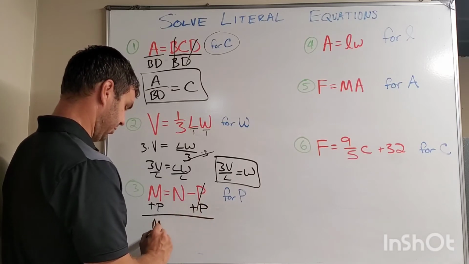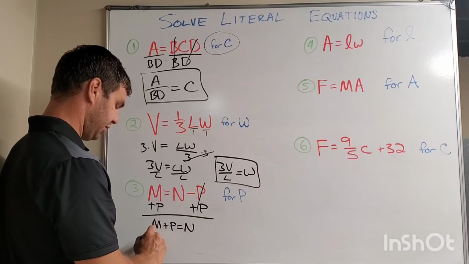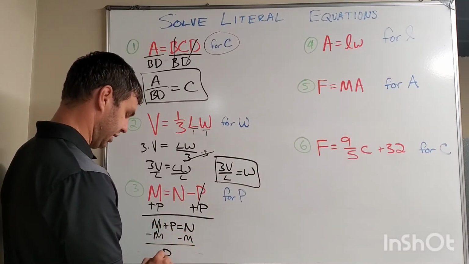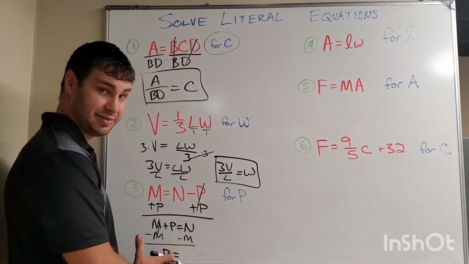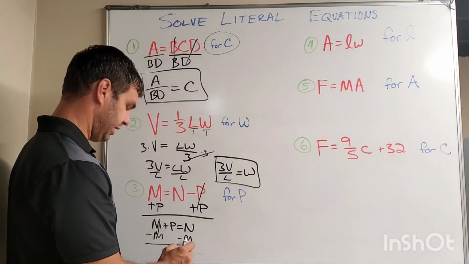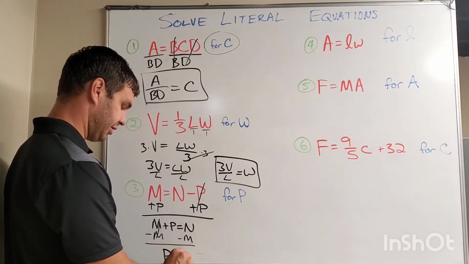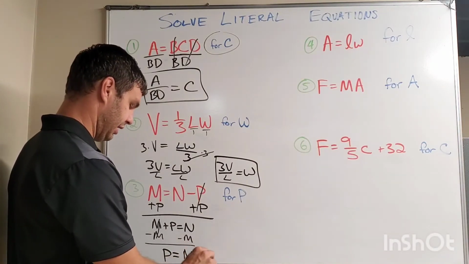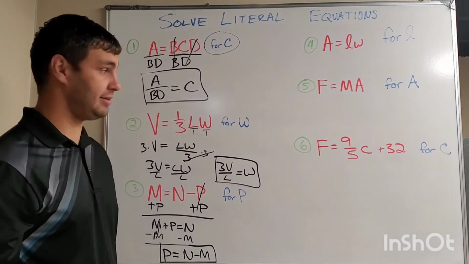That gives me M plus P equals N. And then when I subtract the M to the other side, what this does for me is it gives me a positive P that's isolated. We're solving for positive P, not negative P. So P equals, and now you have to be a little bit careful with how you write the other side. The positive one goes first, and then negative M or minus M after that. So P equals N minus M.